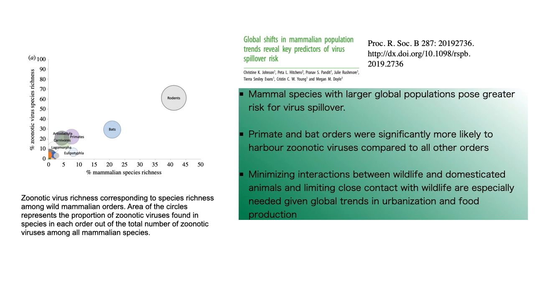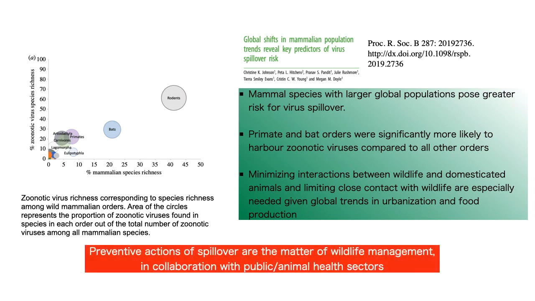It concludes that minimizing interactions between wildlife and domesticated animals and limiting close contact with wildlife are needed. This action should be taken by the wildlife management sector in collaboration with public health and animal health sectors, but certainly not by the public health response after the outbreak. We should note that prevention of spillover and spread is a matter of wildlife management.